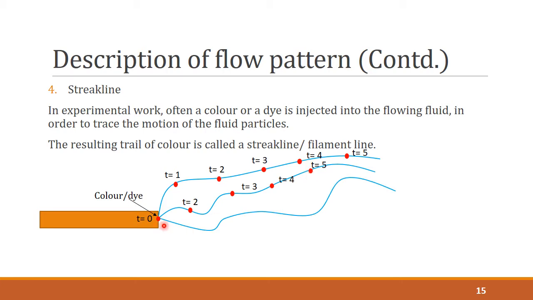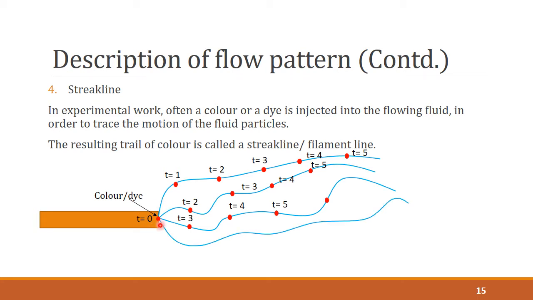This is the third fluid particle which comes behind the second fluid particle, and it reaches the color or the dye at time t equal to 2. That is, when the first fluid particle is over here, and the second fluid particle is over here, the third fluid particle reaches the dye. Correspondingly, the positions at t equal to 3, 4, 5, and so forth.